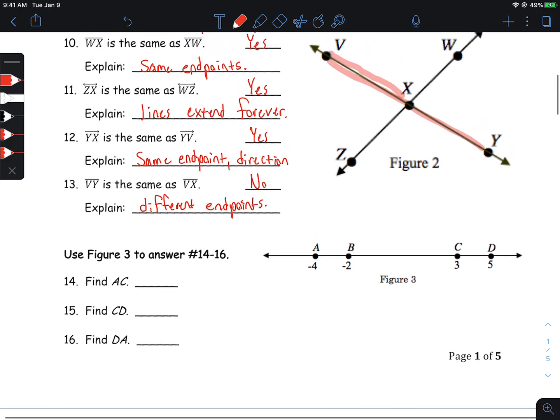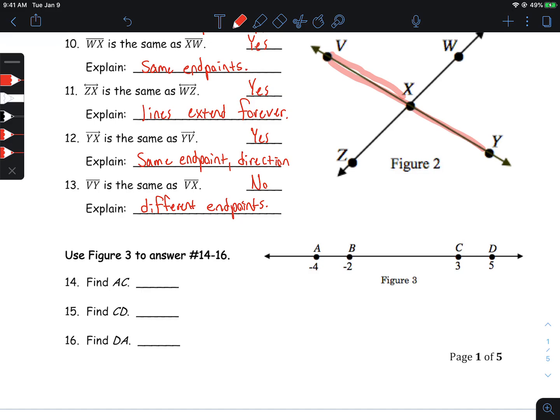All right, moving along here, this last section on this page is asking you to find AC. This is asking the distance. And for distance, remember in your notes, whatever the letters are, we subtract them, and then you do absolute value, which means make it positive. Okay, so if I'm finding from A to C, you can subtract this in any order you want.